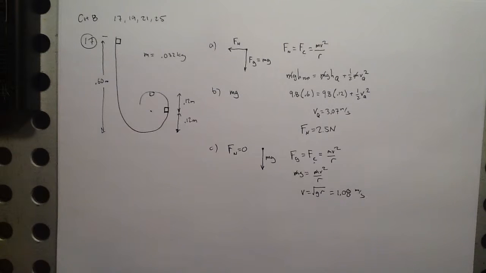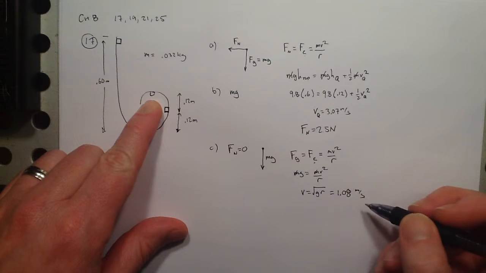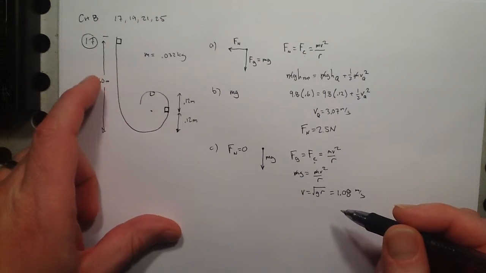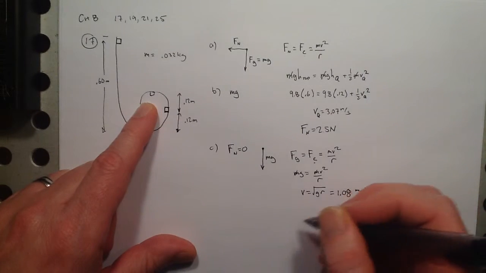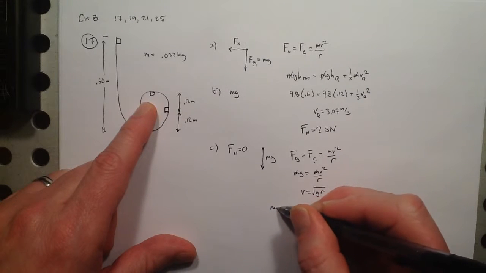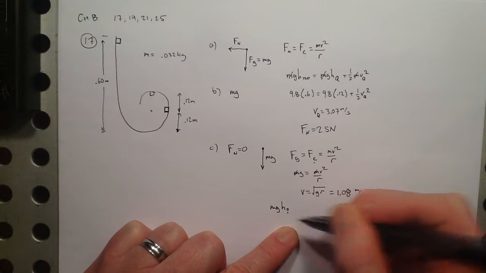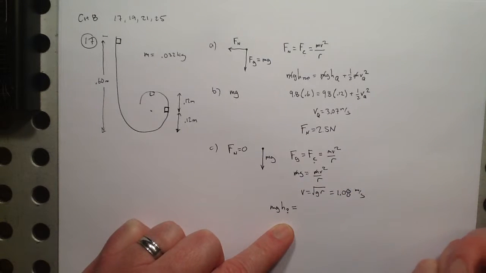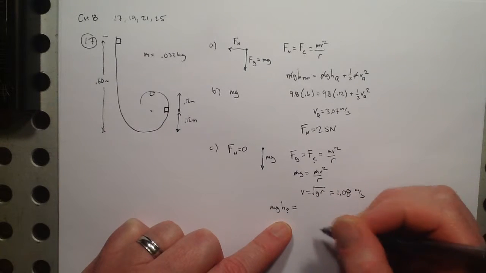Right. So if we want to have a velocity of 1.08 meters per second at the top of the loop, then where do we have to release it from to make that happen? So we could do an energy conservation equation just like this one. So if mgh, from I don't know where, there are different ways you can subscript that, and it's kind of awkward, but I'm trying to figure out that height, right?